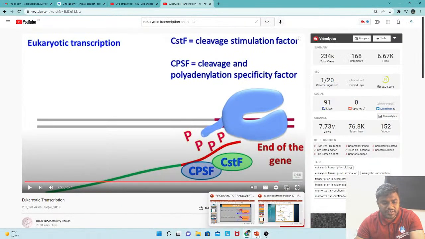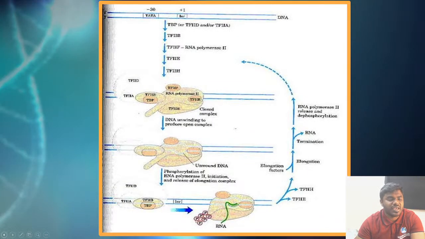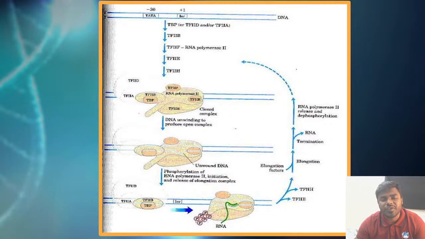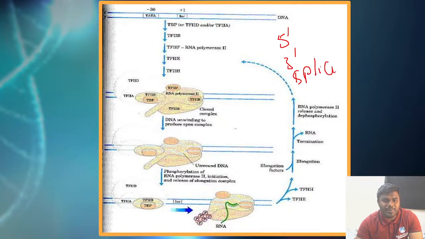So friends, they are actually showing even the process of capping in the animation. That is not required. While we are reading this particular 5' RNA processing, I will explain briefly about the 5' capping, 3' polyadenylation and splicing. So in the animation, you have seen till the process of elongation.